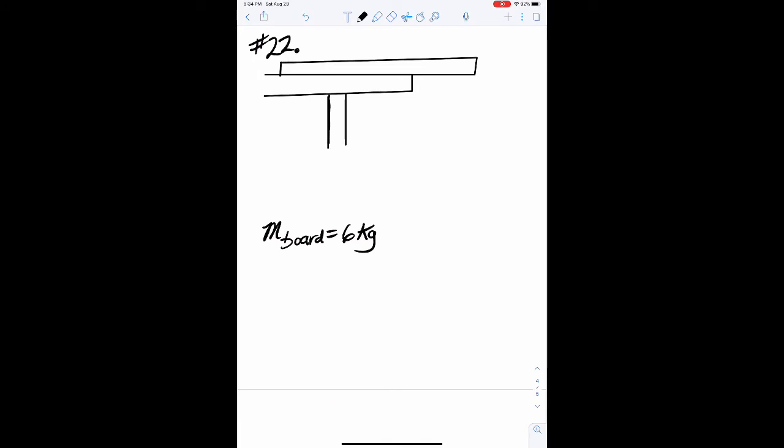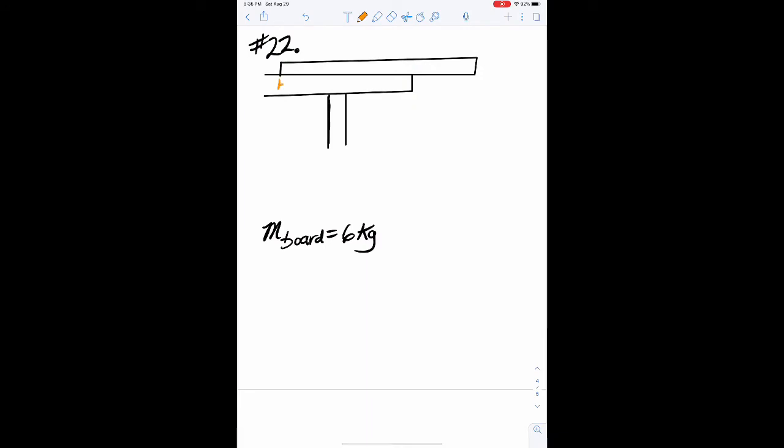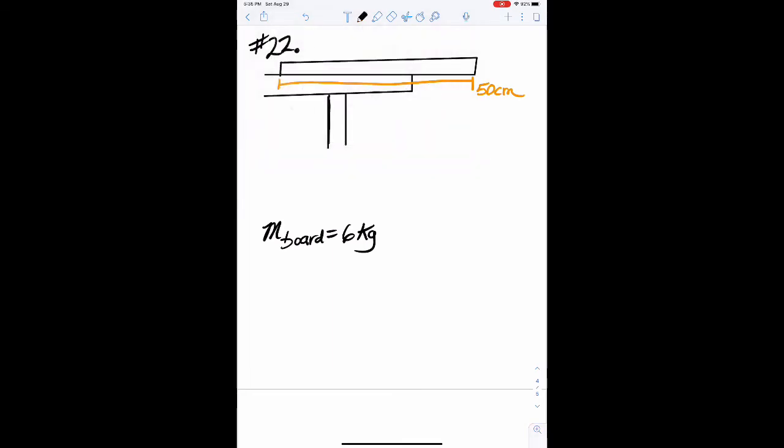They also tell us that the length of the board is 50 centimeters. All right, so we know then that the center of gravity for the board is 25 centimeters away.